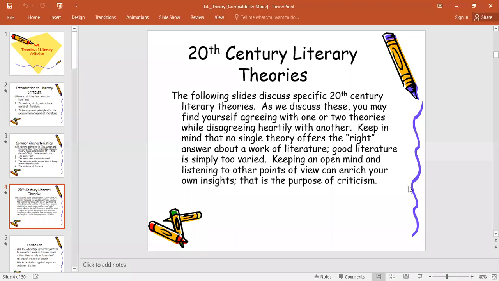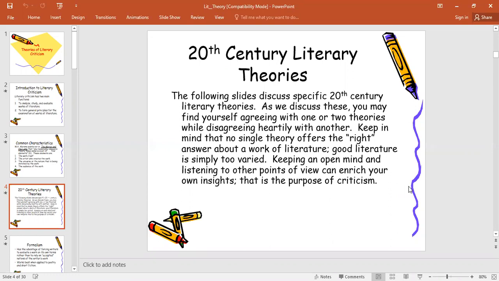20th century literary theories. Now here we have the brief introduction of 20th century theories. The following slides discuss specific 20th century literary theories. As we discuss these, you may find yourself agreeing with one or two theories while disagreeing heartily with another.